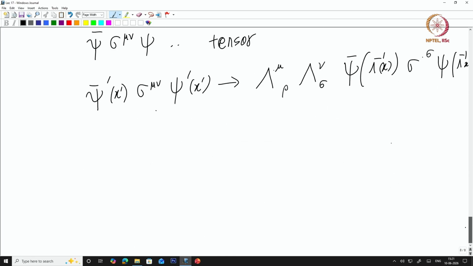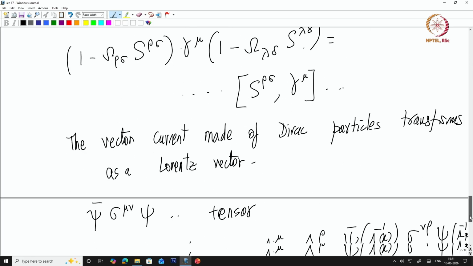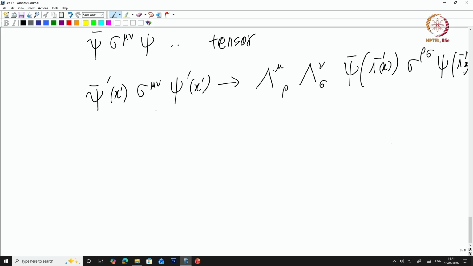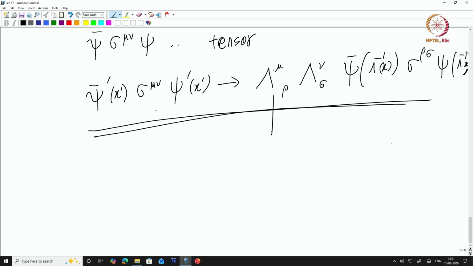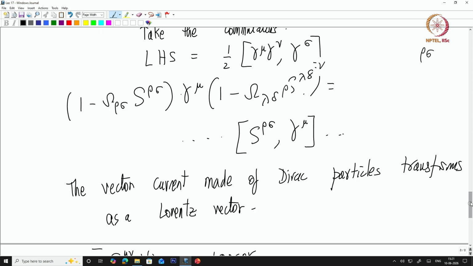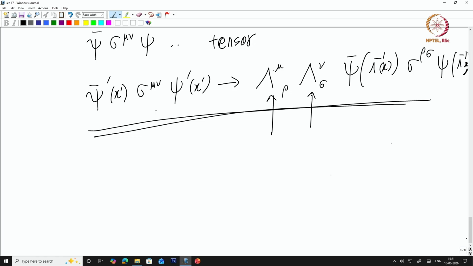So, this is the basic idea that this transforms as a Lorentz tensor, you have 2 lambda matrices. Okay, so that means two Lorentz transformations essentially.